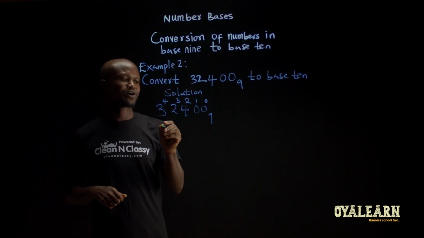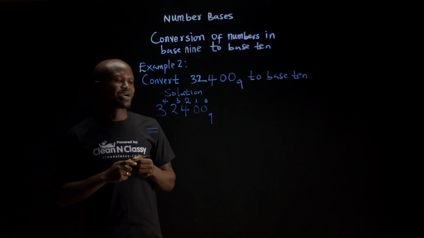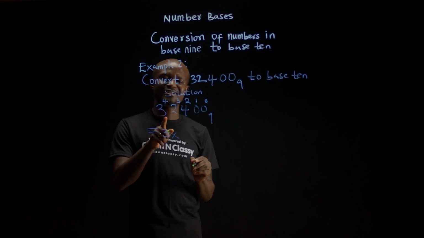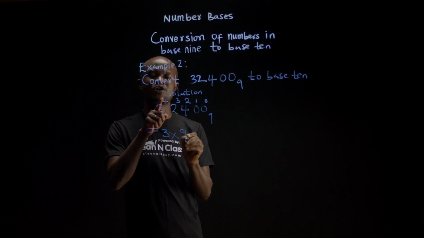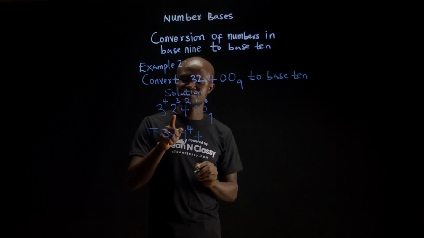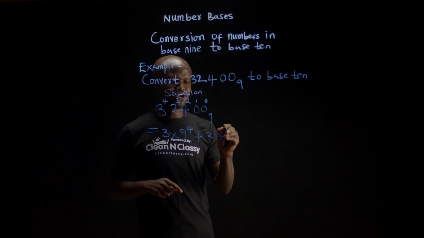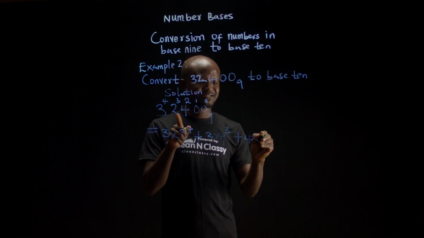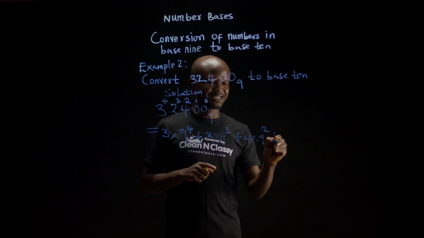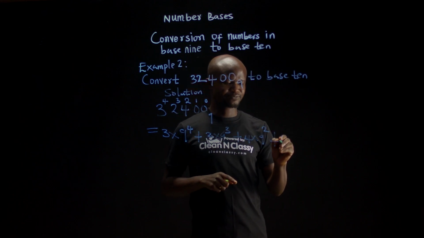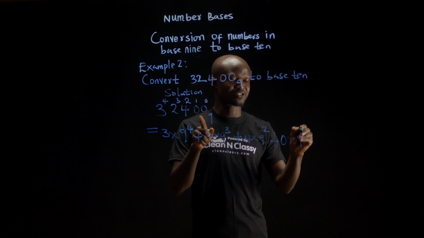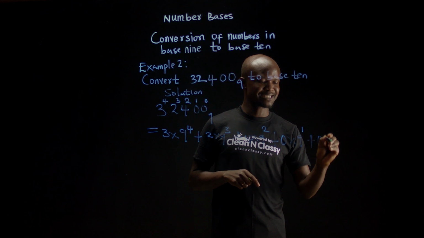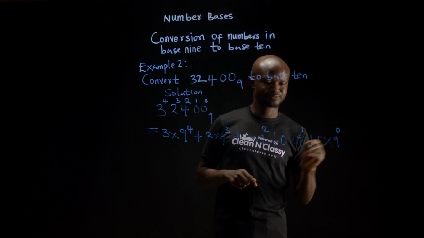From here, we write out the expanding form of what we have here. 3 times 9 raised to the power of 4, then plus 2 times 9 raised to the power 3, then plus 4 times 9 raised to the power 2, then plus 0 times 9 raised to the power 1, then plus 0 times 9 raised to the power 0.